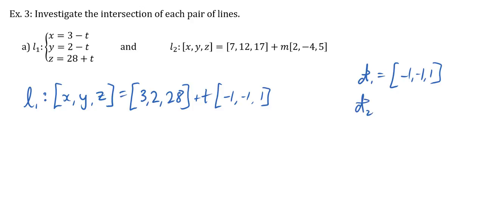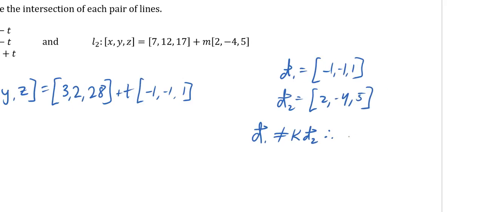Direction vector 2 is 2, -4, 5. So the direction vectors are not parallel. If I have them both in vector form, I can see that from the beginning. So it's a good first step.